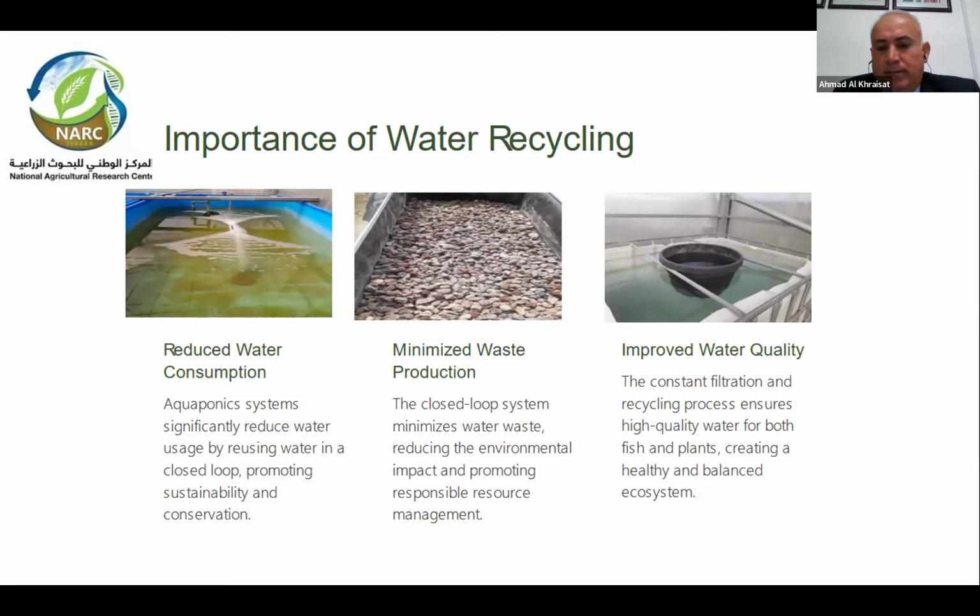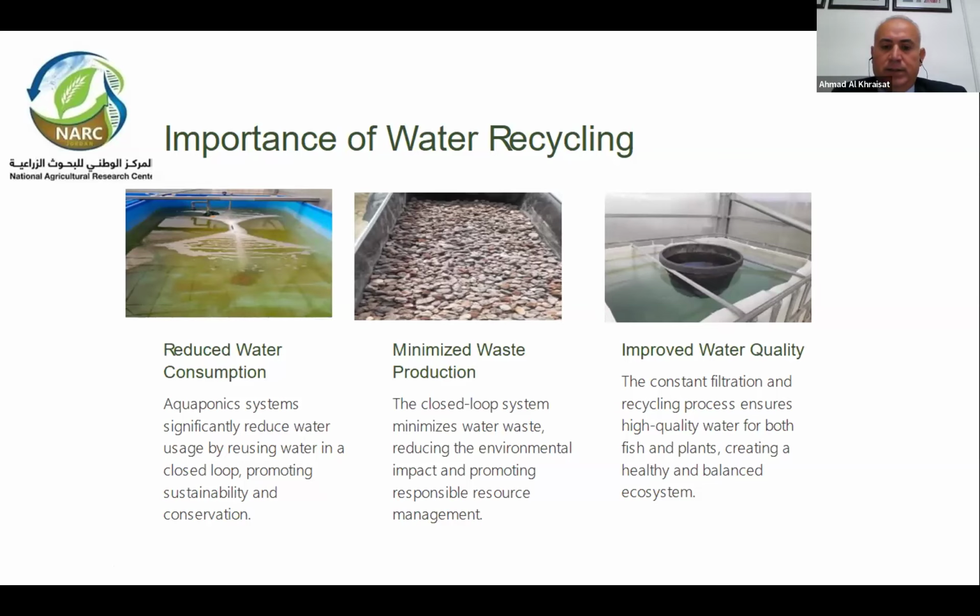Another thing is minimizing waste production. How can we use a closed loop system to minimize water waste, reduce environmental impact and promote responsible resource management? Another thing is improving the water quality.